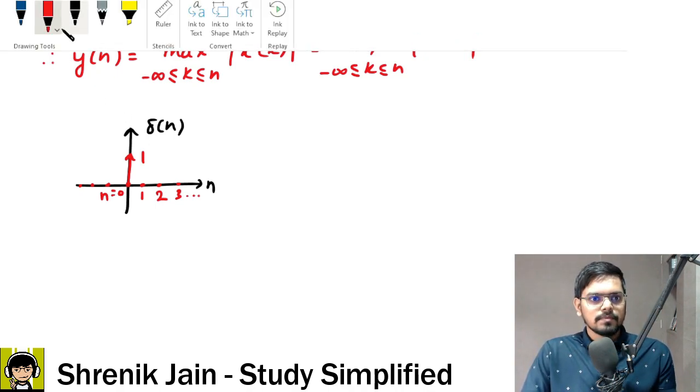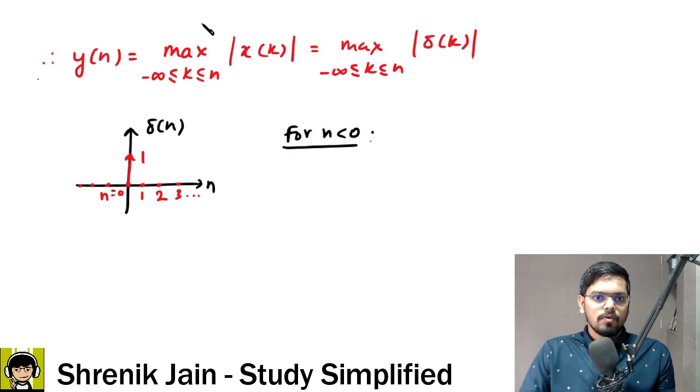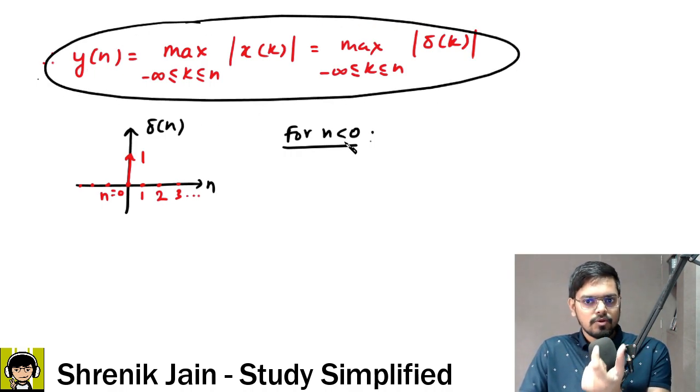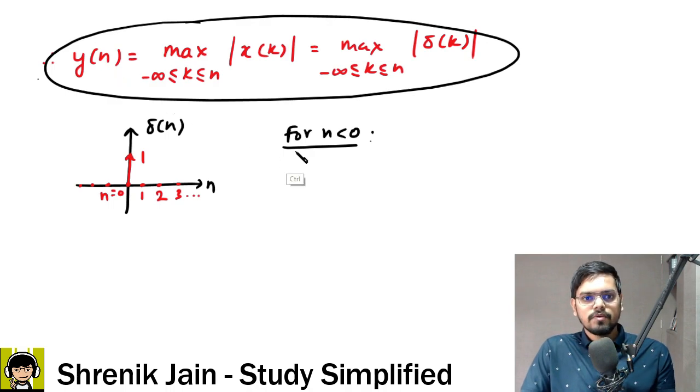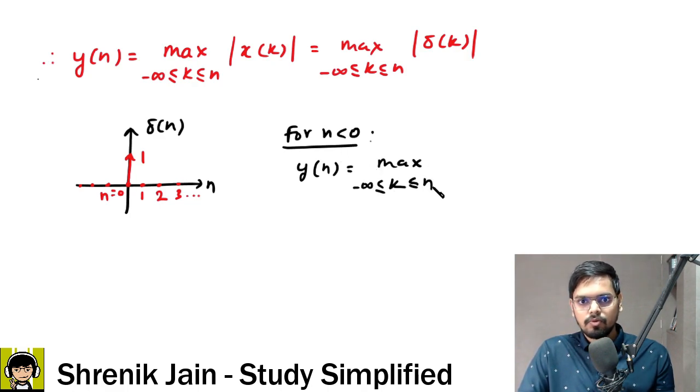Now for n less than 0, what will happen to this thing? Sir, you are asking for the negative values of n. So for negative values of n, y of n is equal to maximum value with k going from minus infinity to the negative values, n less than 0, and then we have delta of k.